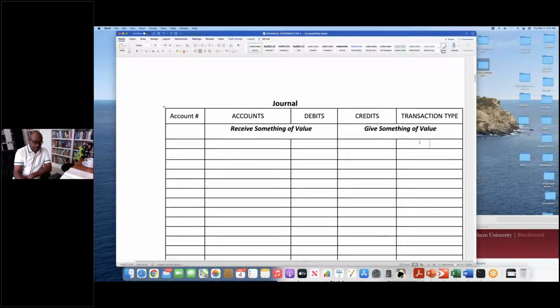So the transaction type is 1, and the accounts will be cash 100 and common stock 400 with 200,000. If you're next up, you can just go ahead and turn your mic on, that way we won't have that big delay.